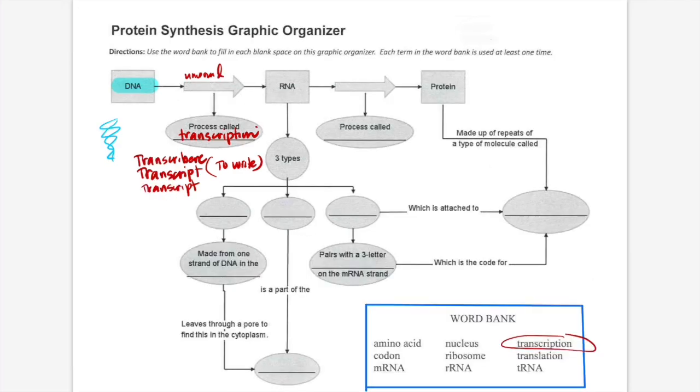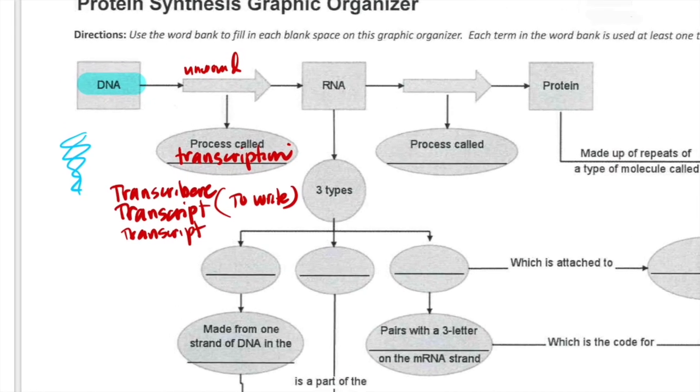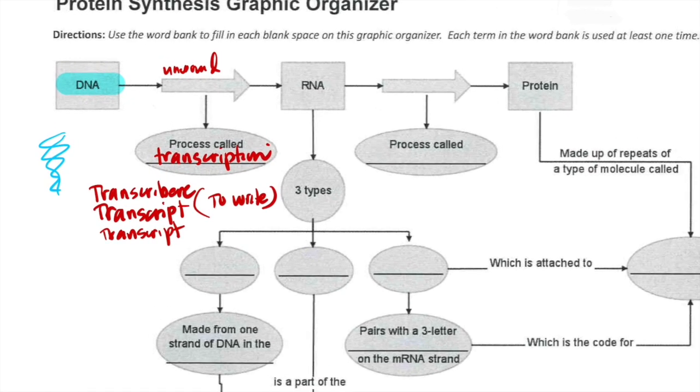Okay? So we have our DNA unwound in the very first step of protein synthesis, which is transcription. Okay, so the DNA is unwound, and now we have our mRNA. So here, where we have RNA, we have three types. And if we follow the chart, what we'll see here is we have something that is made from one strand of DNA.